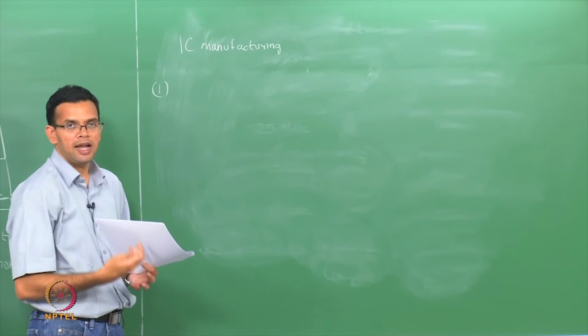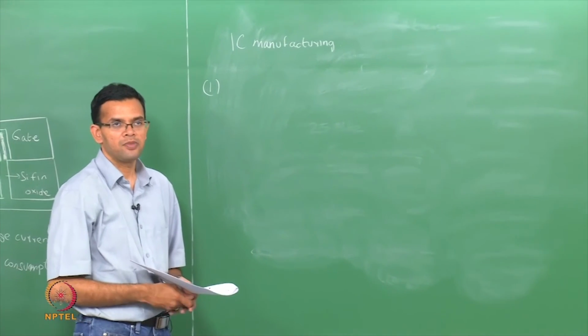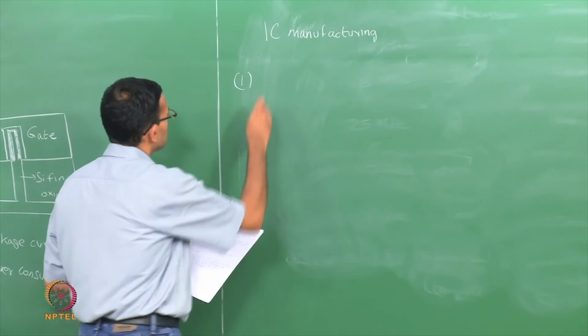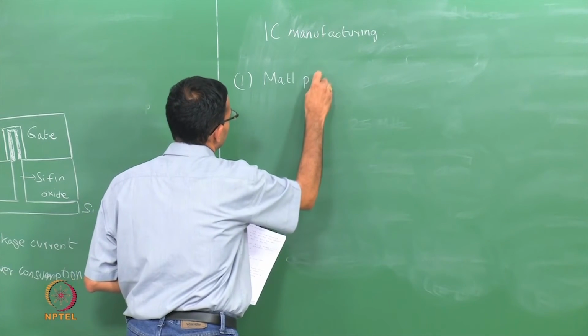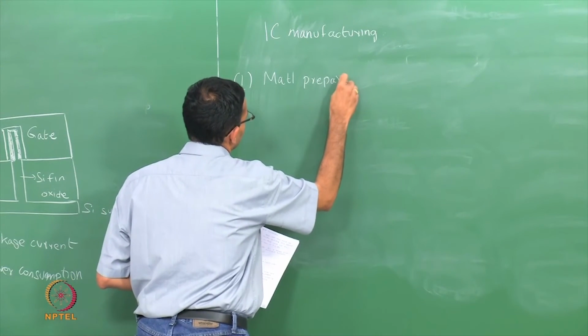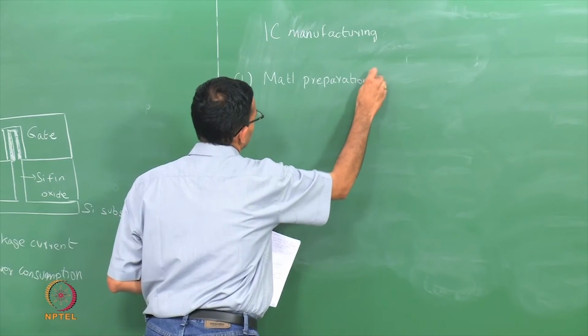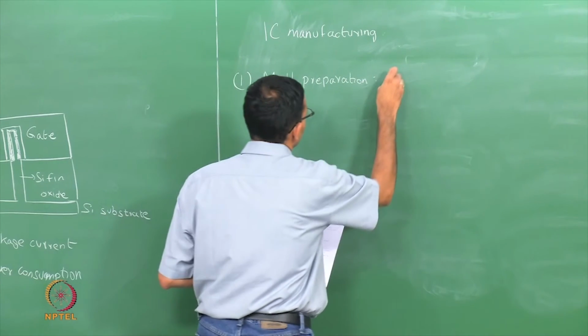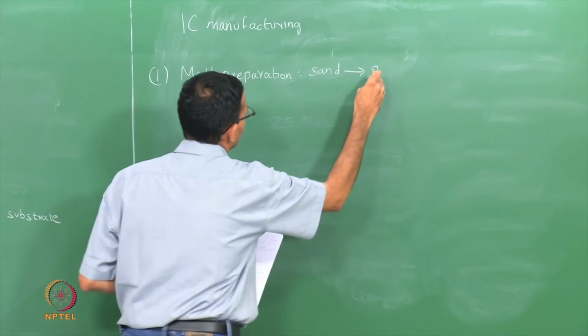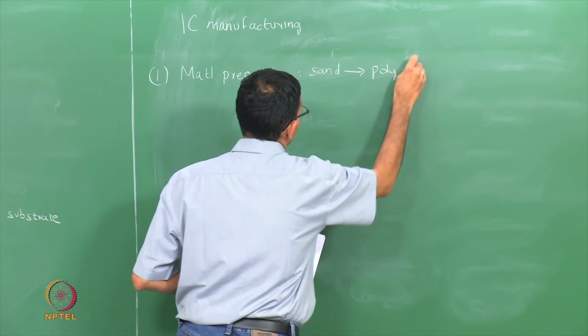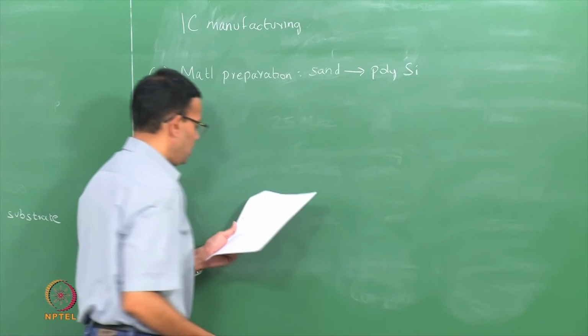So, we want sand, which is your starting material, and we want to get silicon from it. The first step is material preparation. So, converting sand to polycrystalline silicon. I will just write it as poly Si.